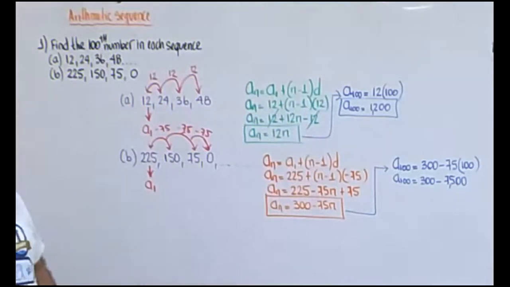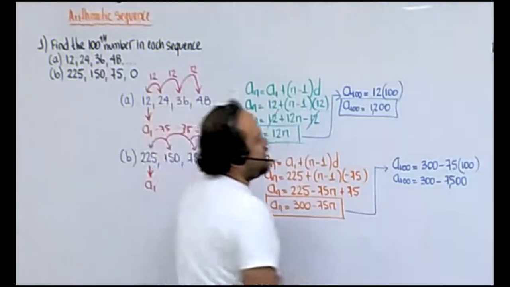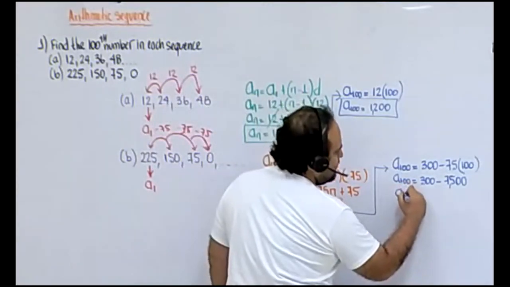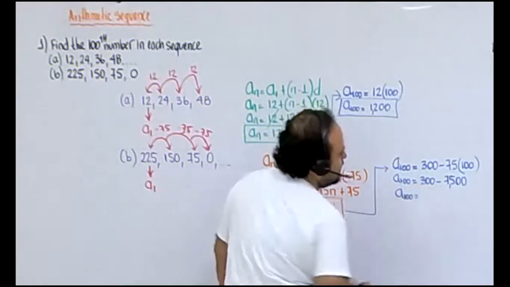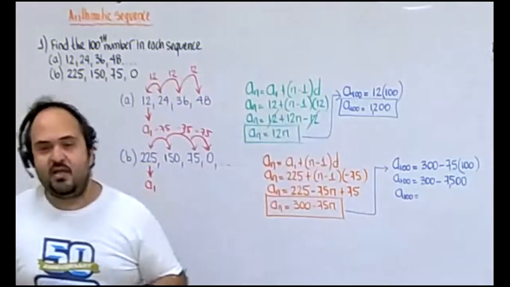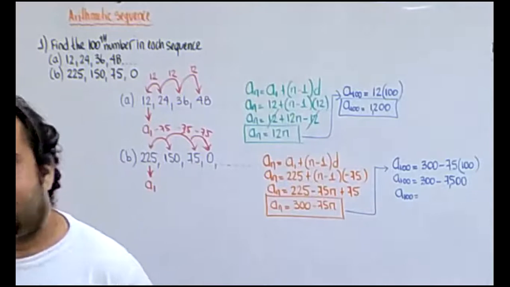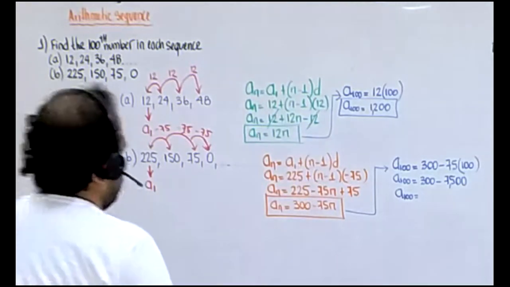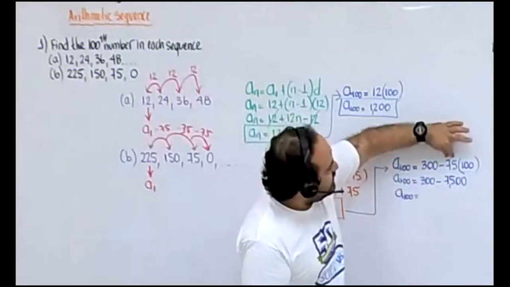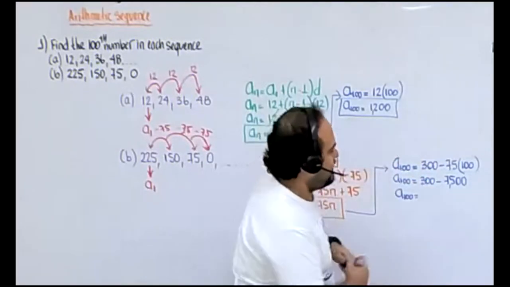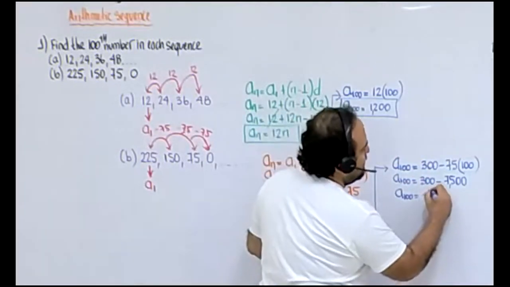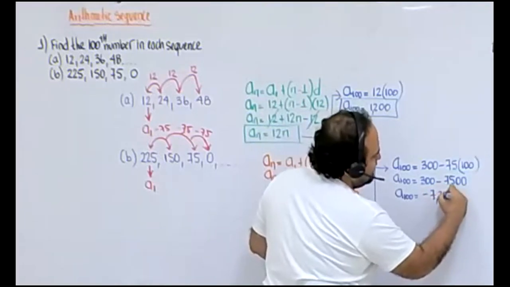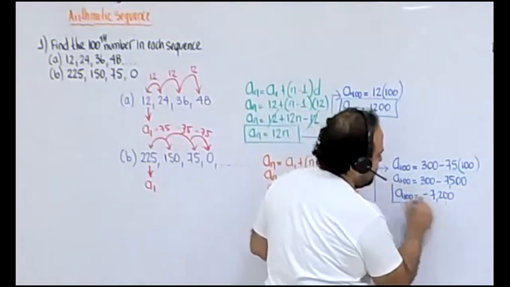So for that reason, my dear student, the answer will be... tell me the answer. We need to do 300 minus 7,500. The answer will be negative 7,200. Perfect.